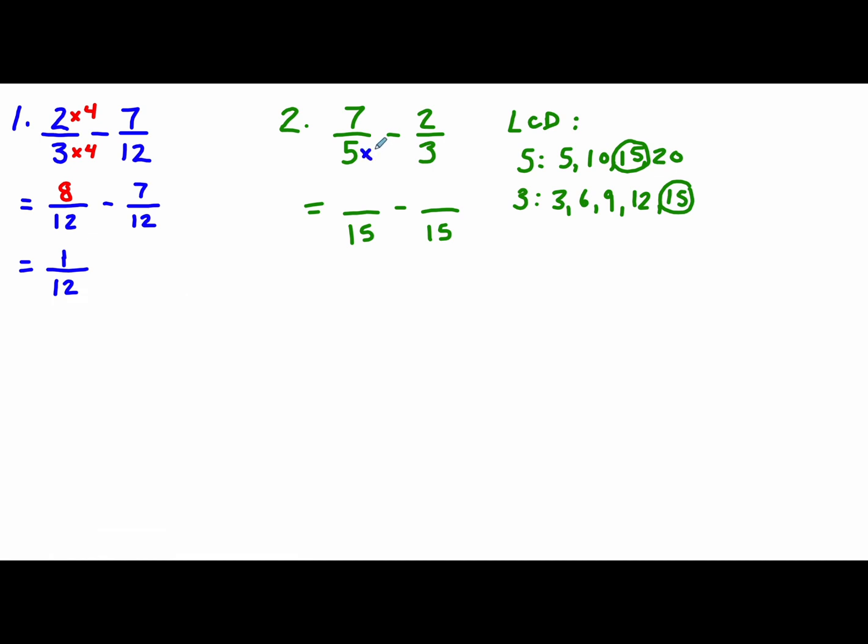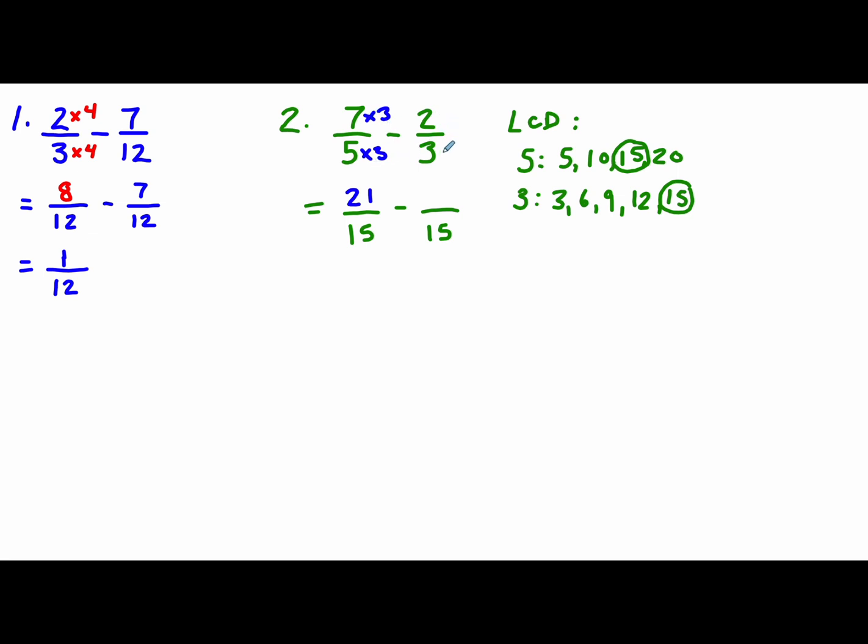Well, we multiplied 5 by 3, and that gets us 15. Whatever we do to the denominator, we must do the same thing to the numerator. And again, this keeps our fraction equivalent. So we're looking for an equivalent fraction to 7/5. So we multiply 7 by 3. Well, 7 times 3 is 21. So 21/15 is equivalent to 7/5.